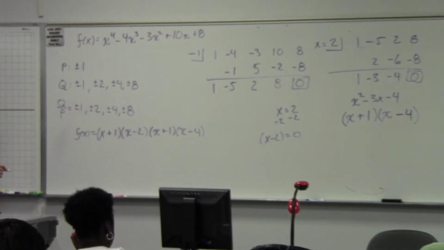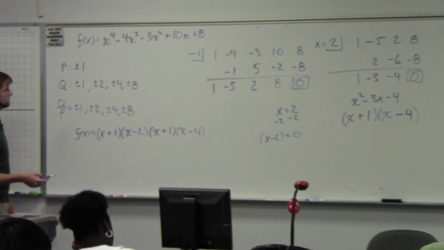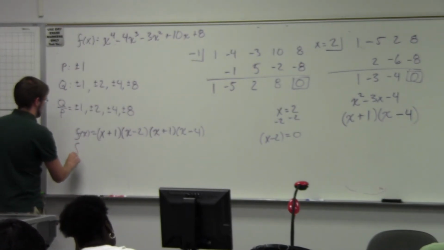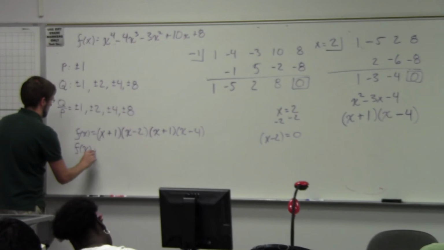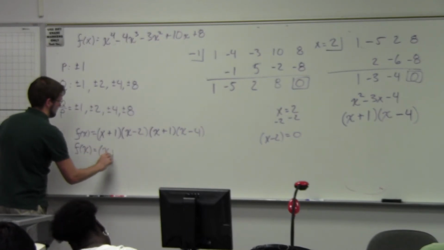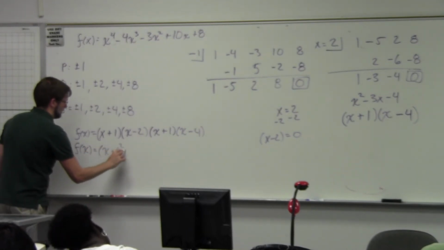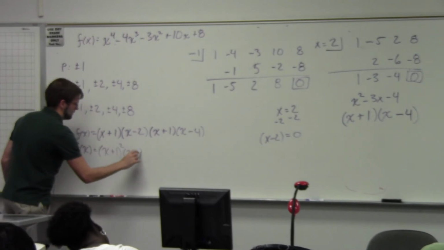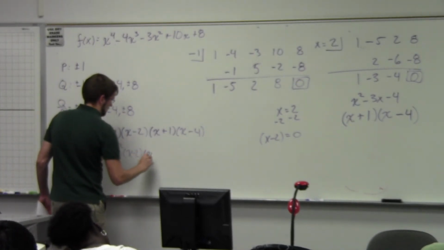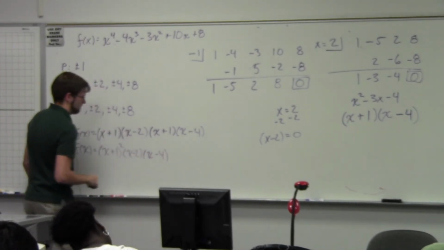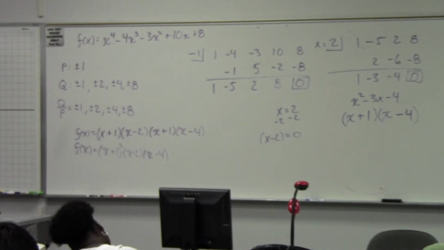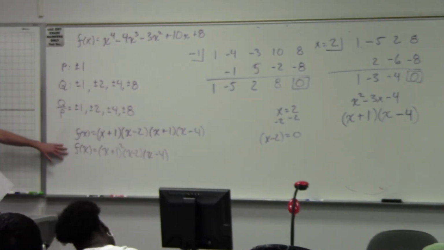All right. And so I have repeats of x plus 1, right? So I could write this as x plus 1 squared, x minus 2, x minus 4. So this is my function in factored form.